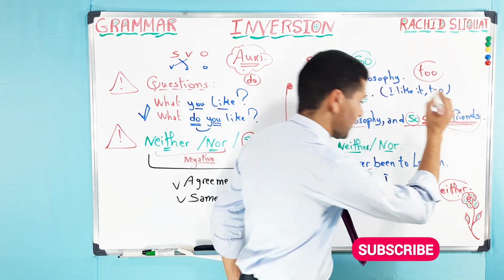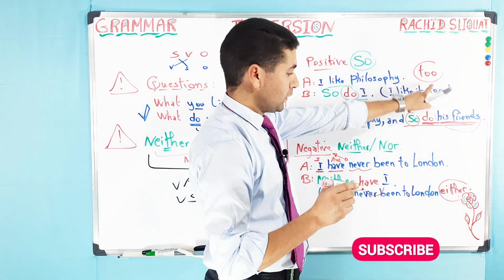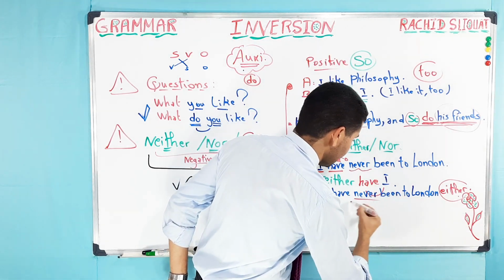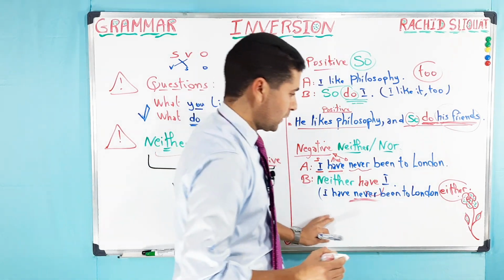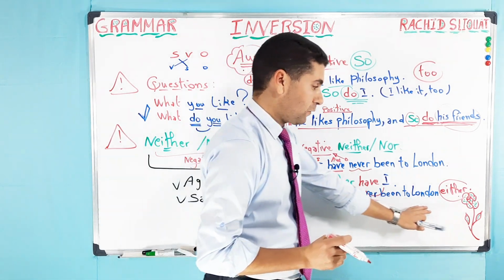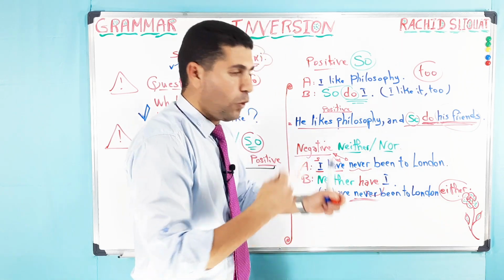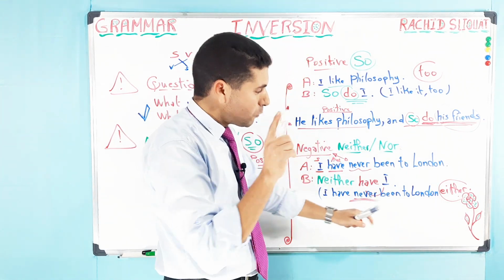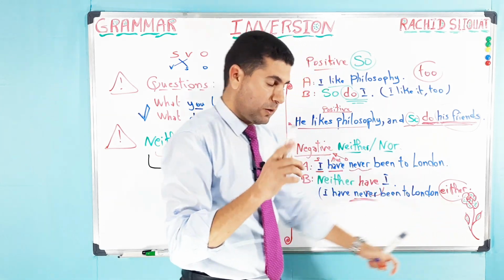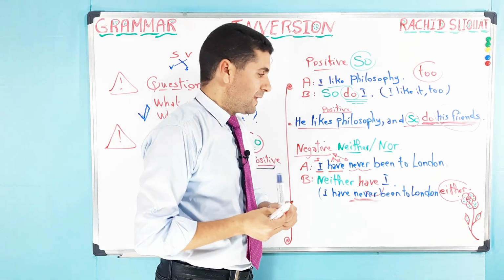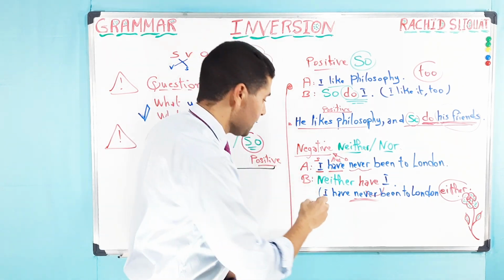So please remember either, and here we have two. Now look, either is always used with the negative sense, as you can see: I have never been to London either. Or we can say too: I have never been to London too. But why did I use either here? Because sometimes you might be given such a sentence in the exam and they ask you to rewrite it with neither.